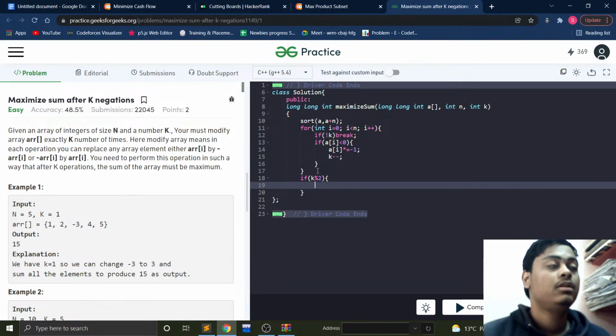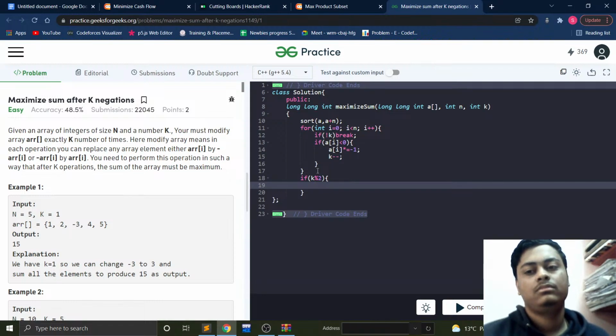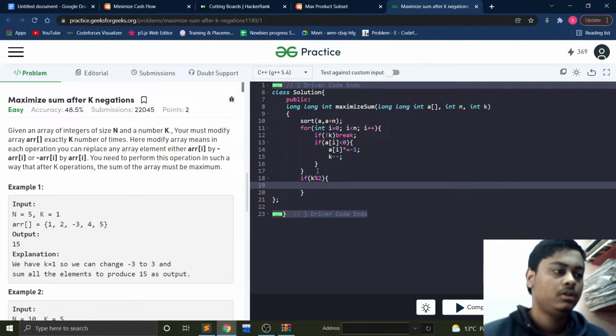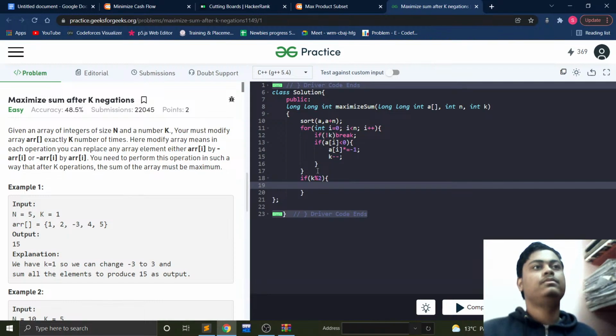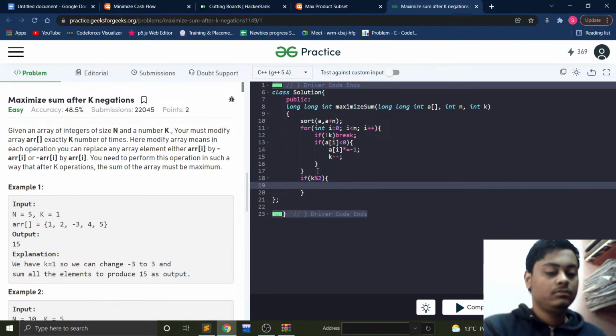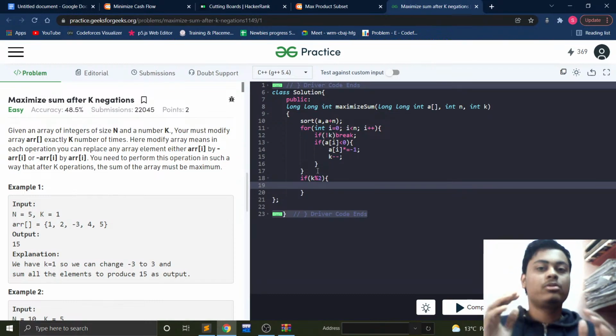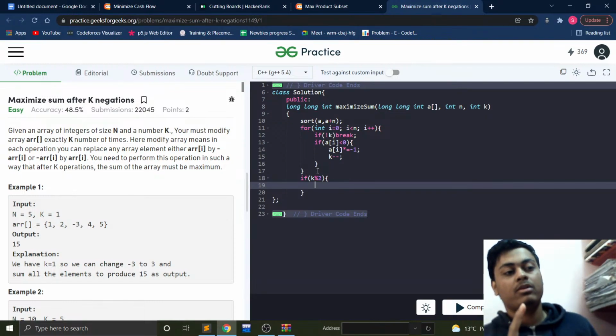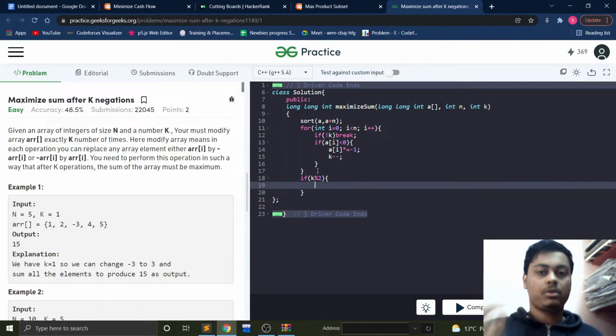that means I have to make one number negative, because the remaining even amount of k I can just use on one single positive number: negative, positive, negative, positive.